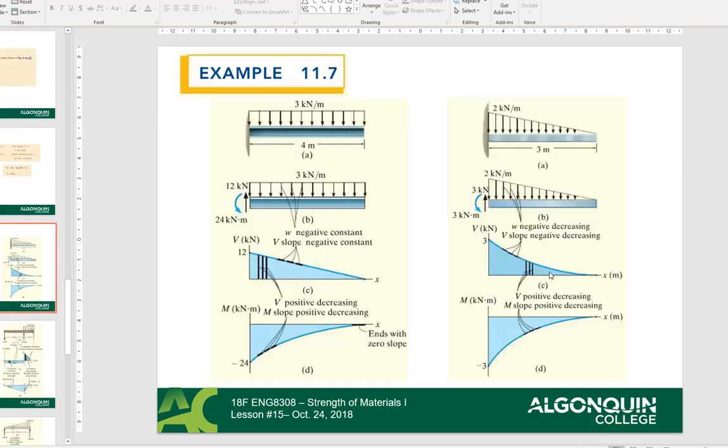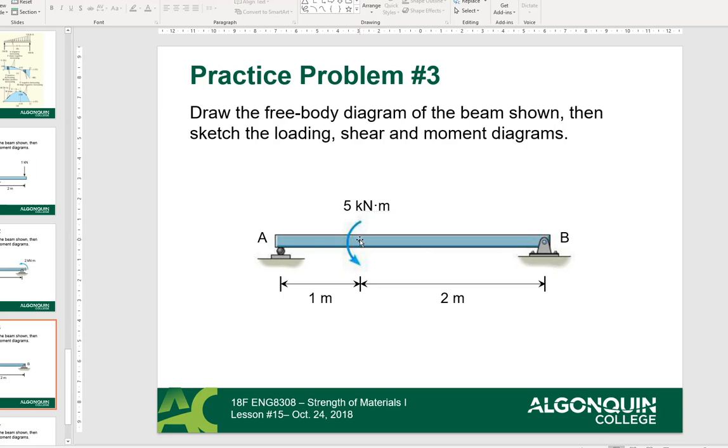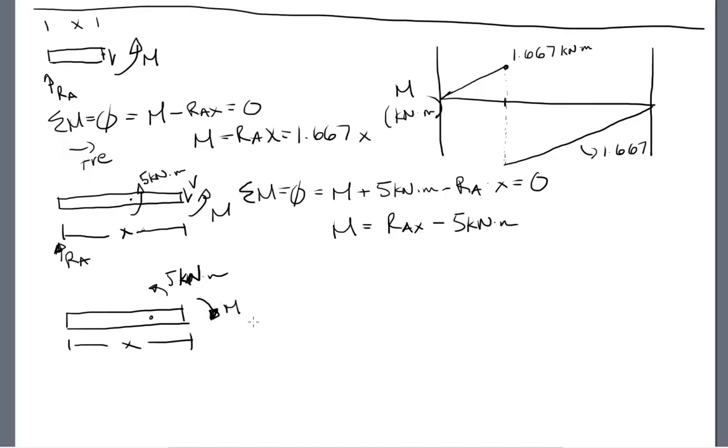So in this situation here, once I have this 5 kilonewton meter applied load, once I get just beyond it, I have to apply a negative frowning moment to make sure it's in a static situation. And that is ultimately what you get here. This shows you analytically, which I just showed you graphically also, that you have to get this 5 kilonewton meter drop here once you have that applied load.